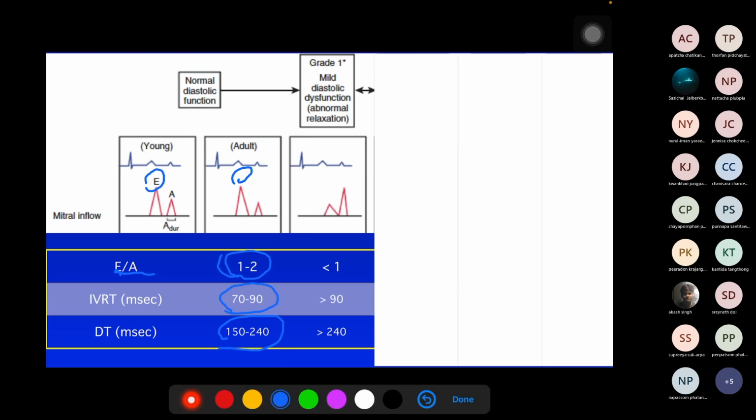So when the LV has abnormal relaxation, the E-wave velocity is decreased, because the LV is abnormal to relax and to fill the blood. So it's abnormal relaxation and abnormal filling. The E-wave velocity is decreased and the A-wave velocity is increased.